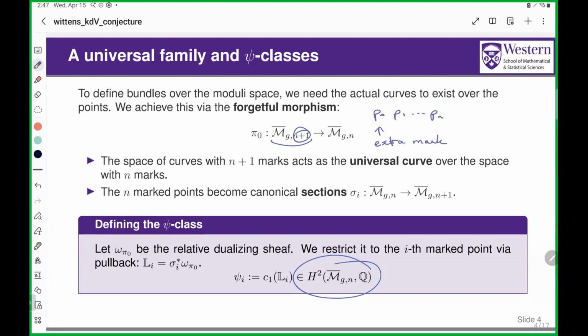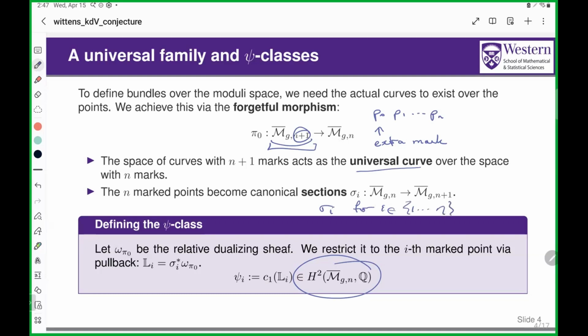When you do this, where is this mark? It's somewhere on the curve, and so this mark is going to trace out the points of the curve. In other words, this is like the total space. Not just a point in there represents a curve, but you also have every point on the curve itself. We're going to call this the universal curve over the space with n marks. Now these sections, sigma i, for i from 1 to n, one of them for each of the marks.